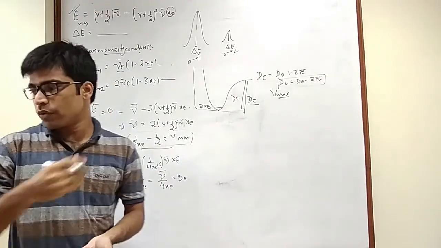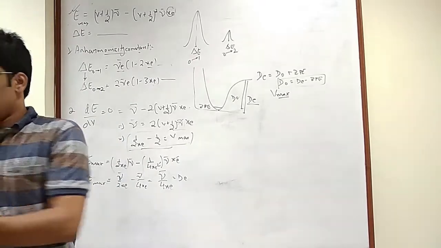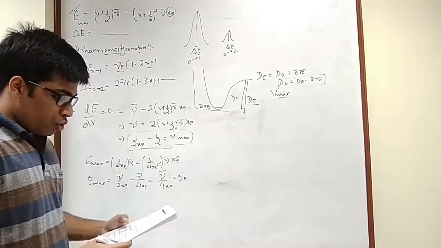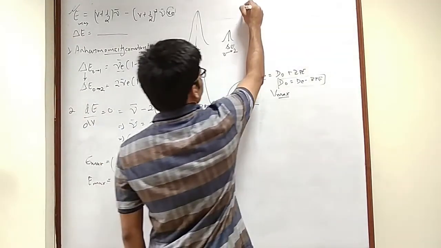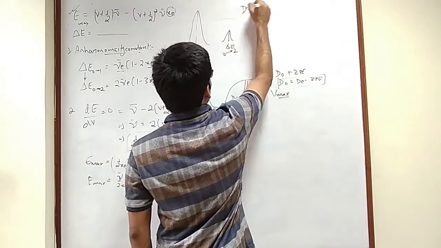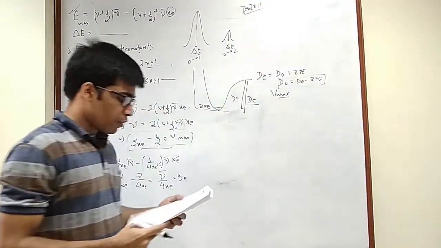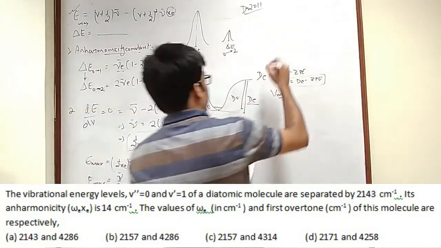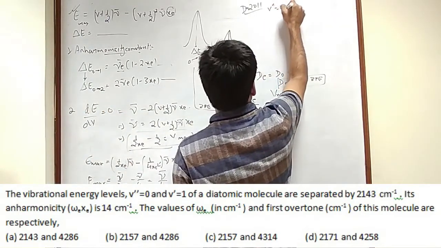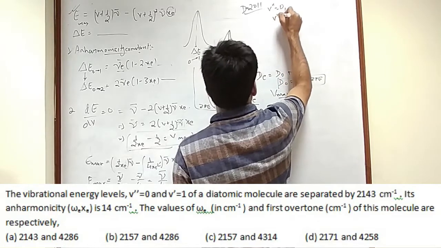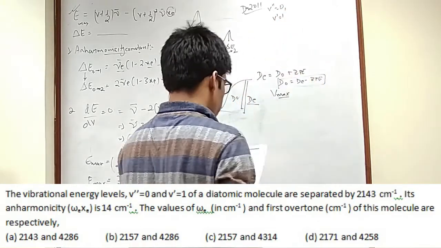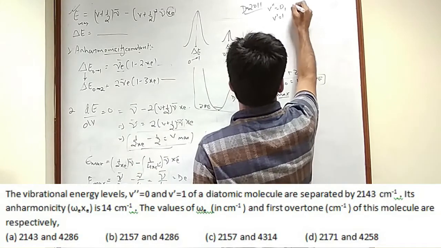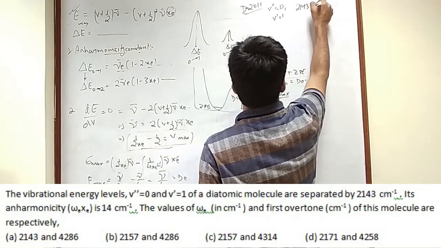Okay, now we can start the questions that we have. The first question we have is from December 2011. The question says, the vibrational energy levels V double dash equals 0 and V dash equals 1 of a diatomic molecule are separated by 2143 centimeter inverse.